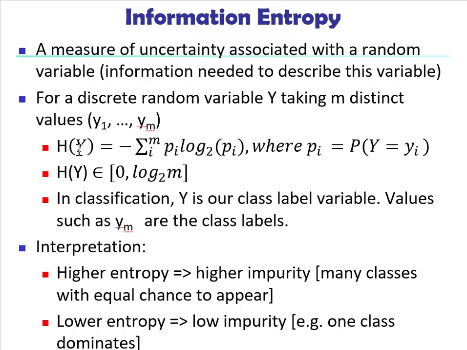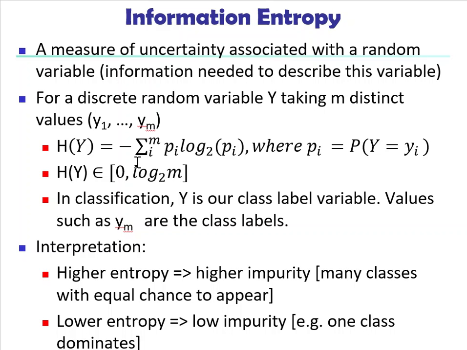Therefore, information entropy is the smallest, it's 0, meaning the variable y is very uniform. There's no uncertainty. All the value y could take is that one class. Therefore, this information entropy is 0.